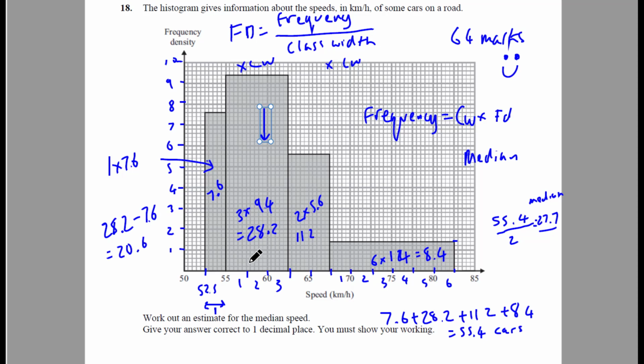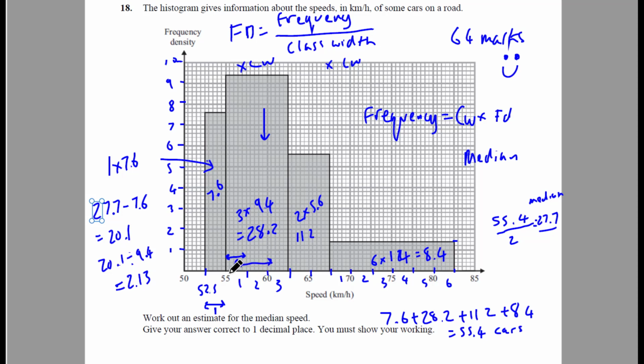So the car's going to be in here somewhere. So that equals 2.13.